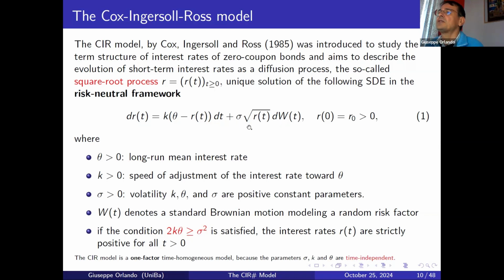So we have the volatility. This volatility is corrected by the square root of the interest rate, and then we have the Wiener process, as we said, that is essentially a standard normal distribution.